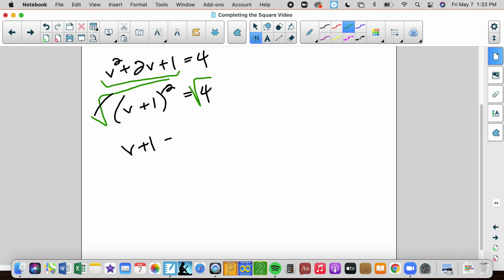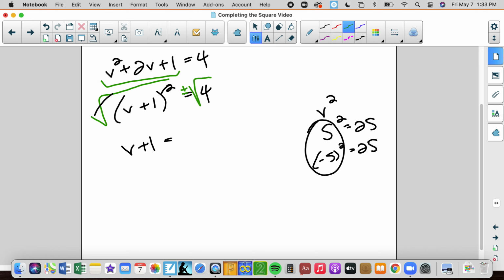Now, whenever I take the square root of a variable being squared, I need to introduce plus or minus. And the reason behind that is if I have a variable that's being squared, if I put 5 in for the variable, 5 squared is 25. If I put in -5 for that variable, that also produces 25.